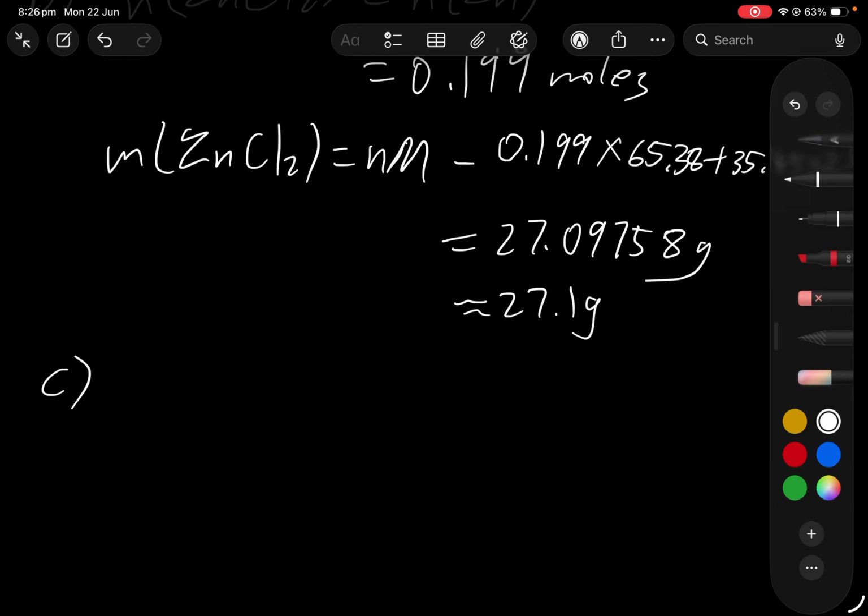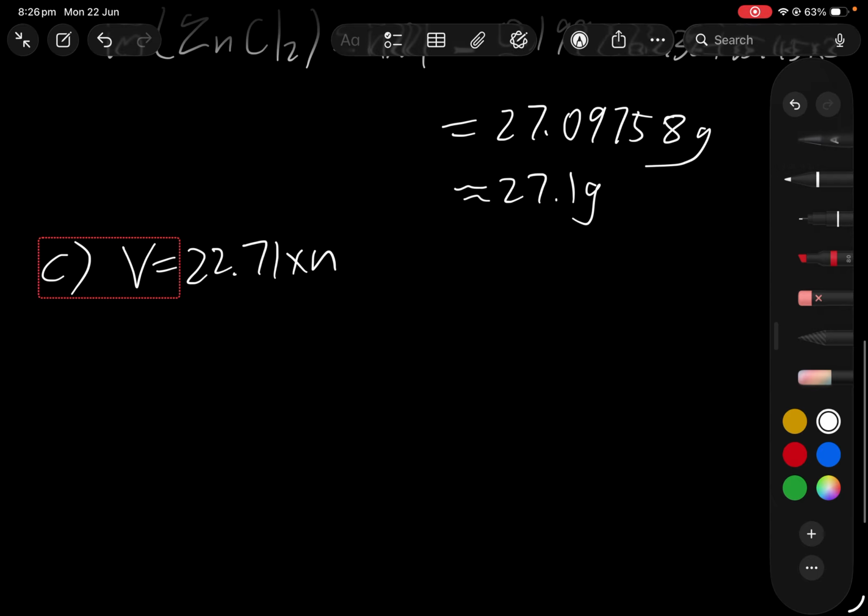temperature and pressure. Normally we know our equation, 22.71, but now we have the moles and want to find the volume, so we rearrange to get volume equals 22.71 times moles.